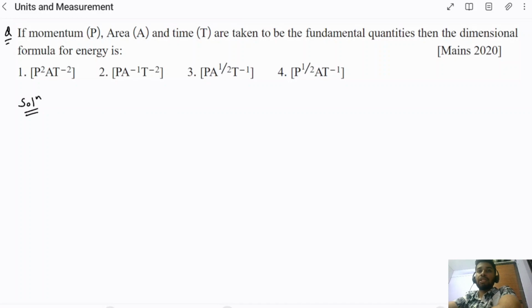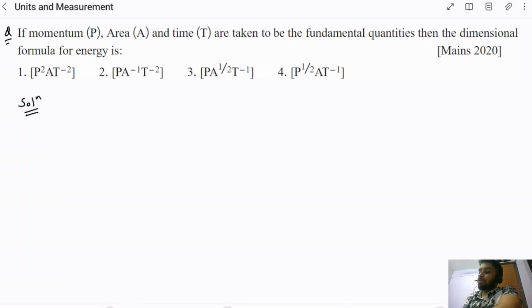So this is clearly the second application of dimensional analysis itself, as we need to derive a relation between energy, momentum, area and time.